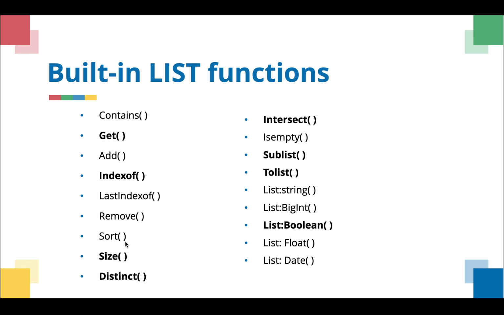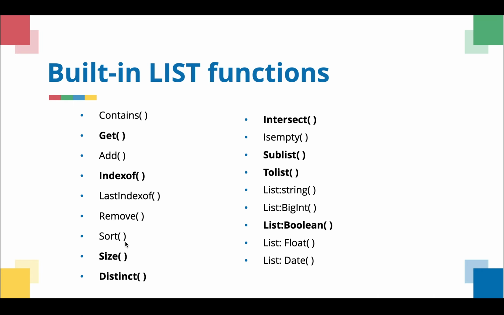Other than this, we also have a couple of unique functions like distinct. If you were to repeat a certain element multiple times and use the function distinct, it'll give you exactly the names without the duplicates, basically the distinct values.